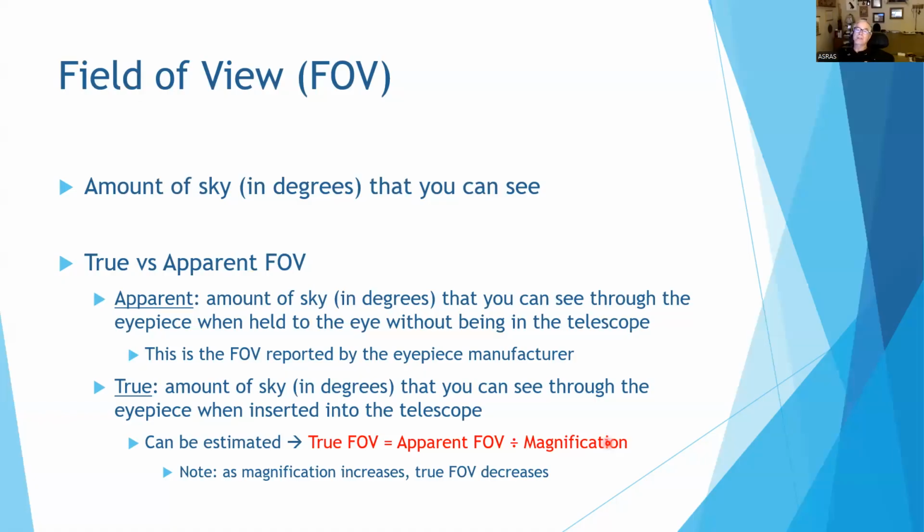Once you've centered on your object, then you can replace that eyepiece with a much smaller focal length eyepiece, which will increase magnification and decrease your field of view. So what you want to see occupies a much larger portion of the image that you see with your eye. Again, as magnification increases, true field of view decreases.